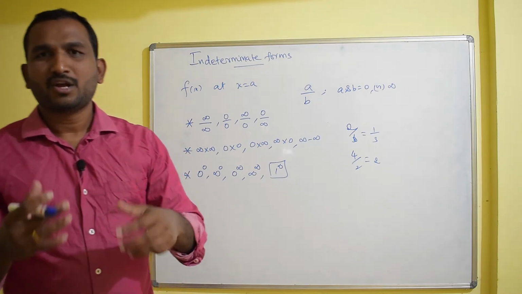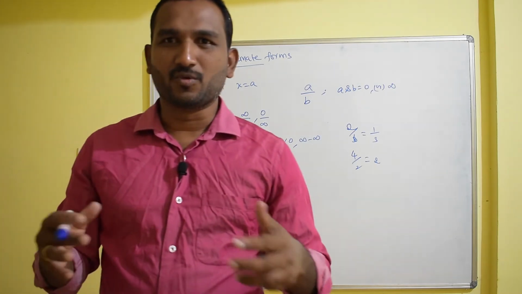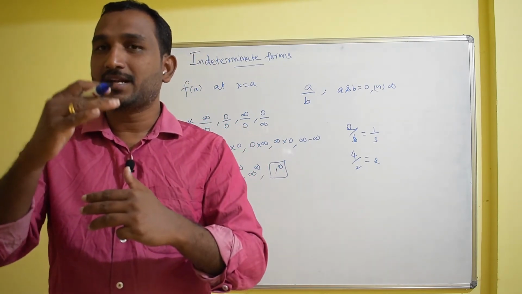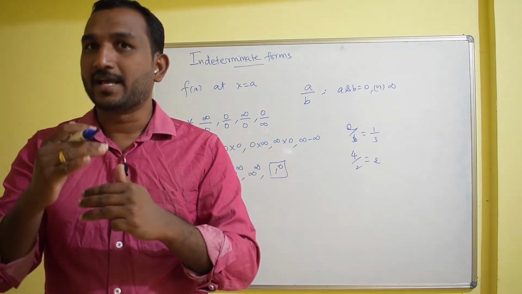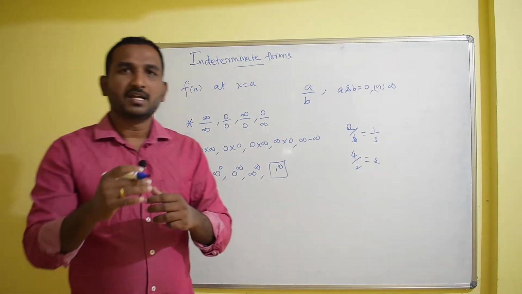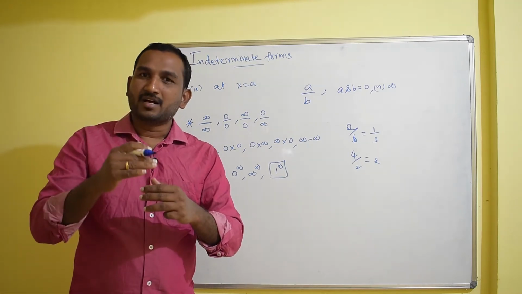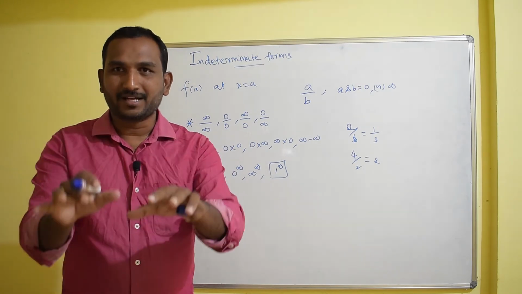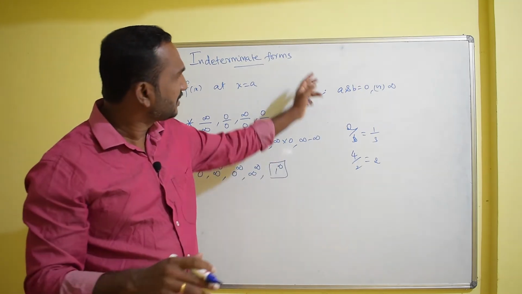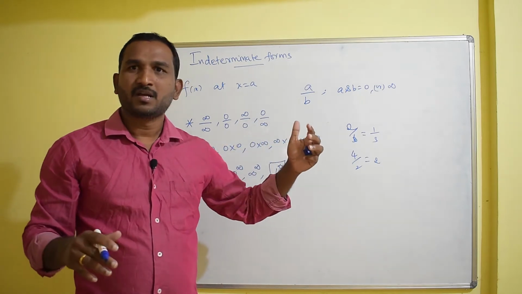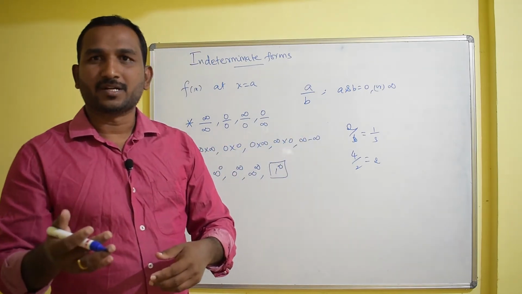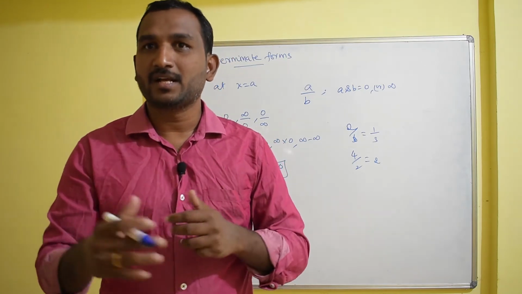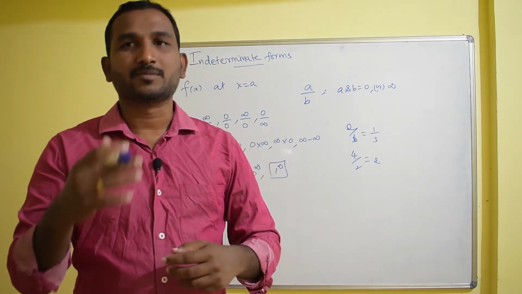It says no need to apply the UV rule; directly differentiate the numerator and the denominator independently, separately. Then again apply the limit. If you get the same indeterminate form again, apply L'Hospital's rule again until you get a finite value. You need to apply L'Hospital's rule continuously.